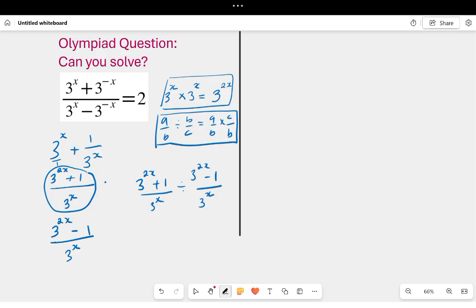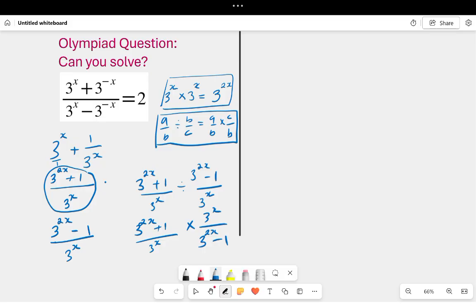Now we are going to apply the same here. So we have 3 to power 2x plus 1 over 3 to power x. Then we are going to multiply by 3 to power x over 3 to power 2x minus 1.